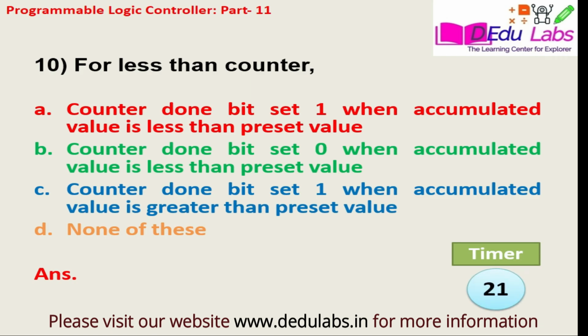And option D, none of this. The answer is option number A, that is counter done bit set to 1 when accumulated value is less than preset value.